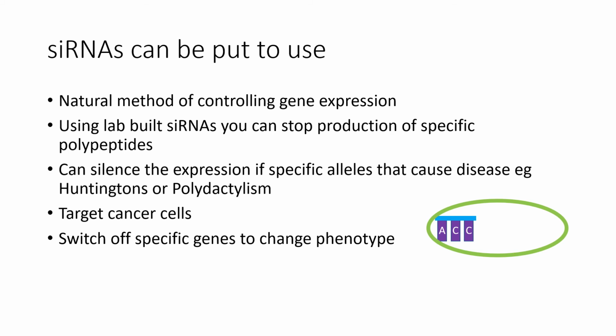If we know that these proteins and chemicals being produced cause certain diseases, we can use these small interfering RNAs to stop the messenger RNA ever becoming a polypeptide, and therefore treat certain diseases.